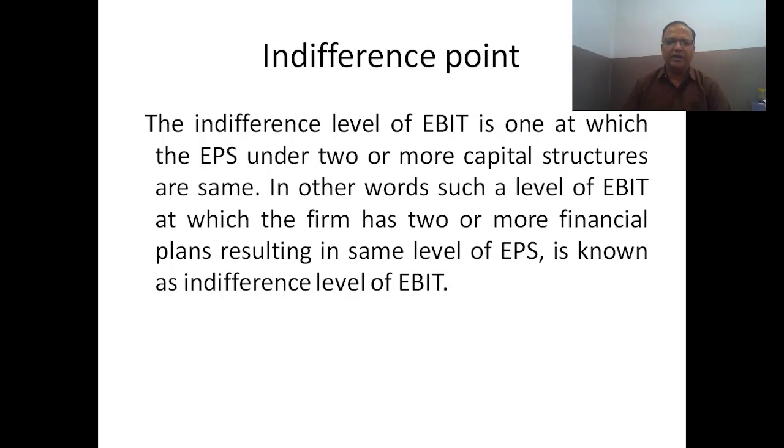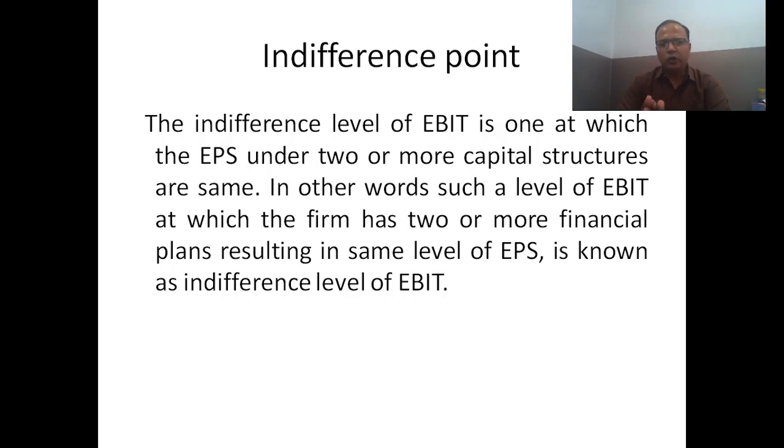Indifference level of EBIT is the level at which EPS under two or more capital structures are the same. It means, suppose we have two options. The firm had to collect rupees 50 lakh.